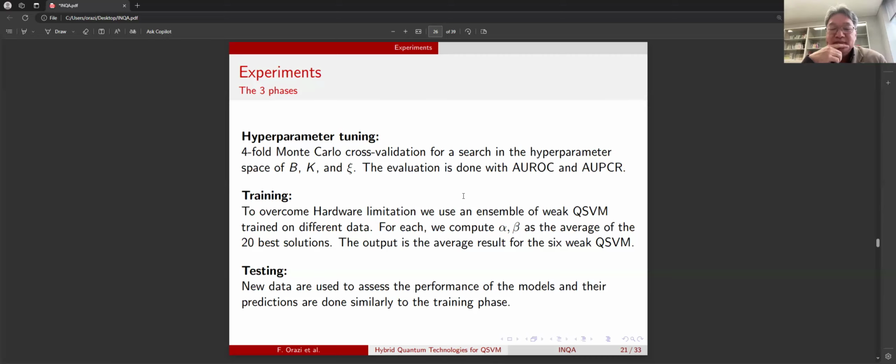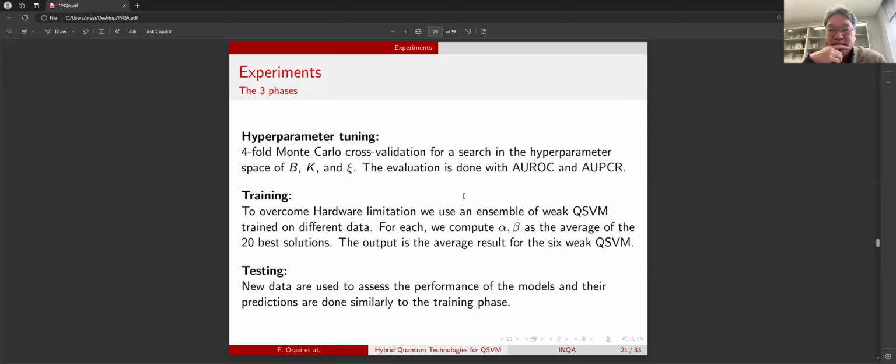So with error correction and new hardware, I expect that this model could be used in a real quantum computer, and from that we could draw some comparisons and some actual results.